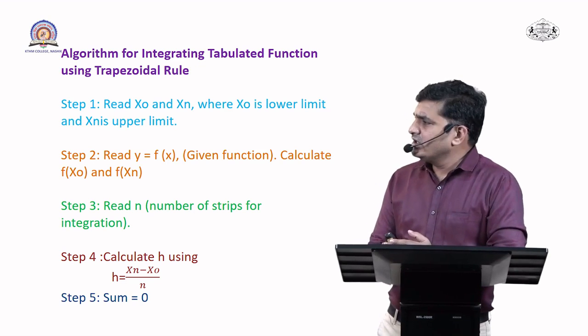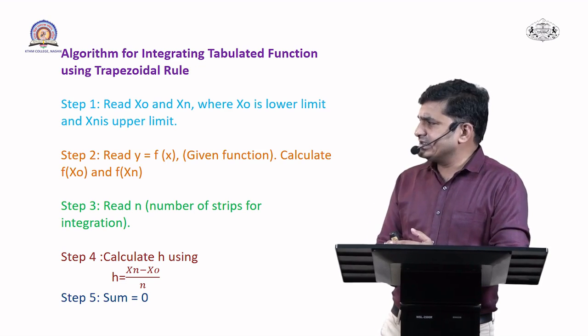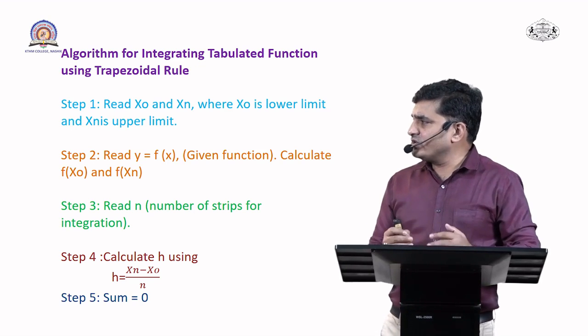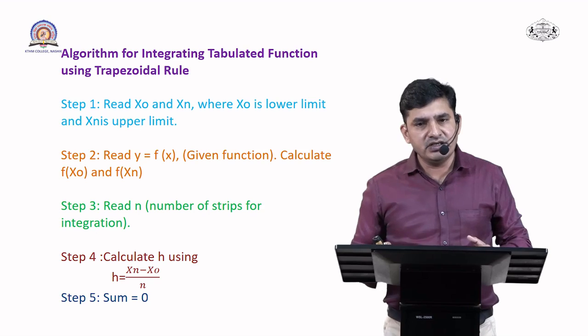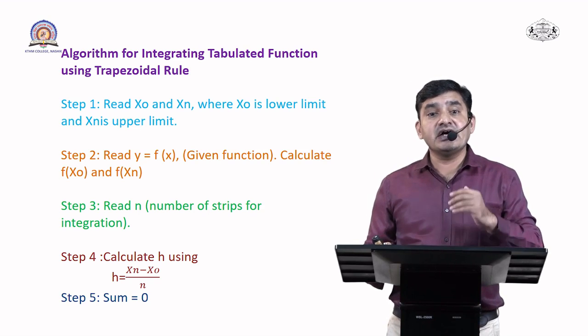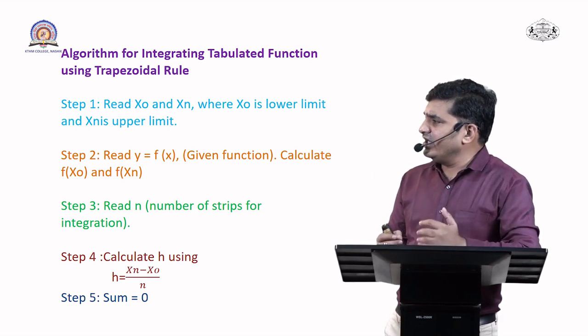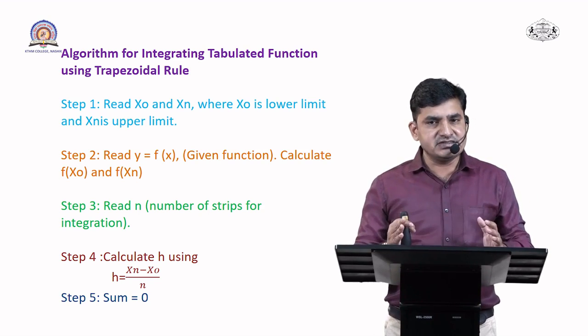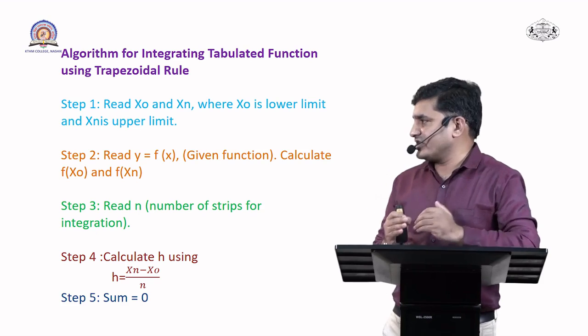In the algorithm, our first step is read x0 and xn, where x0 is the lower limit and xn is the upper limit. Then read y is equal to f of x, that is the given function.